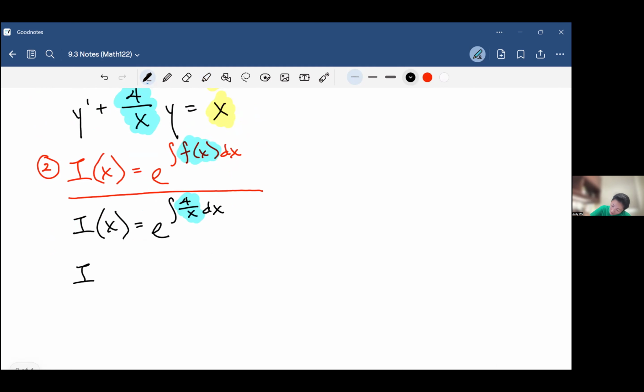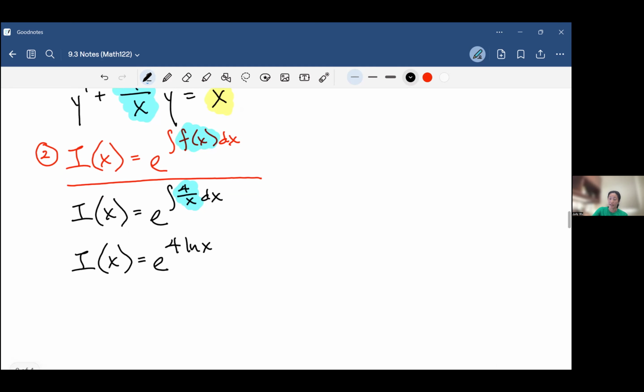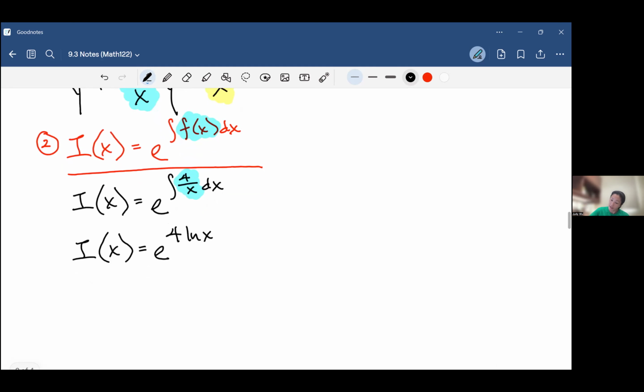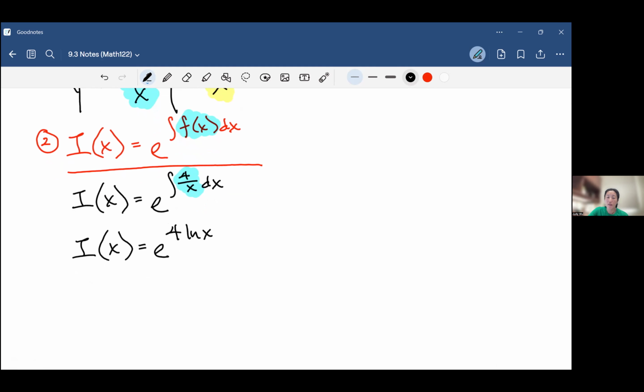So I of x equals e to the 4 natural log of x. Okay, and that is our integral. And this is really great because we can use some log properties here to help us rewrite this in a simpler way, okay?